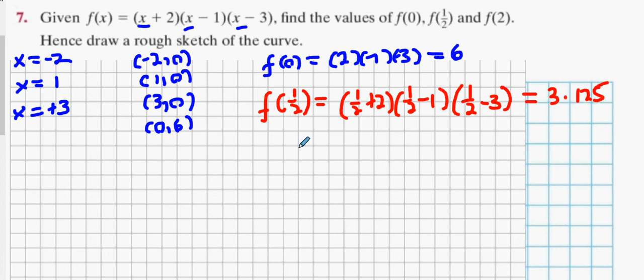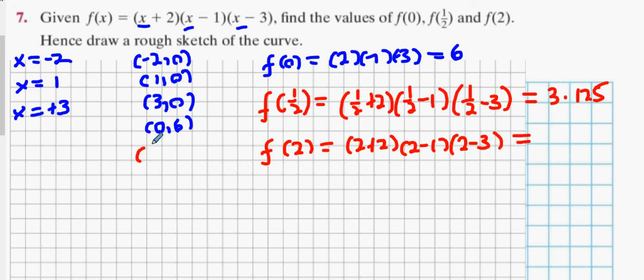And finally, anybody have the answer for f2? When we replace all x's with 2's. So that is a half, 3.125. What's the next point? 2, minus 4. Okay.